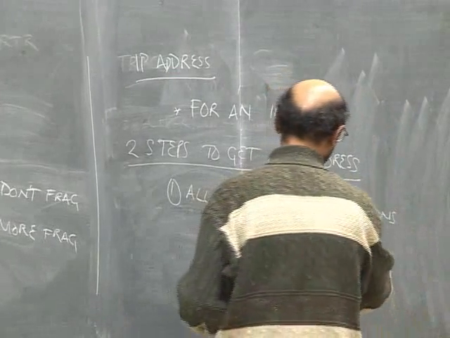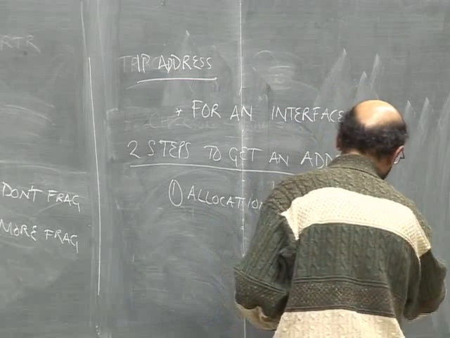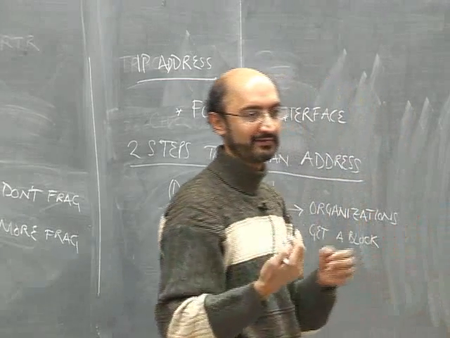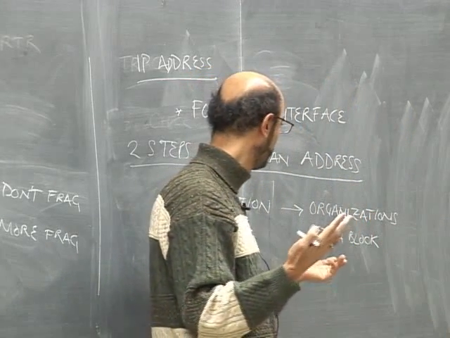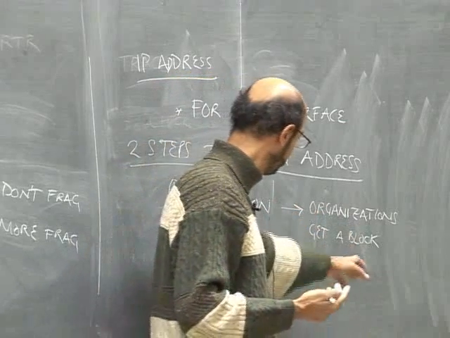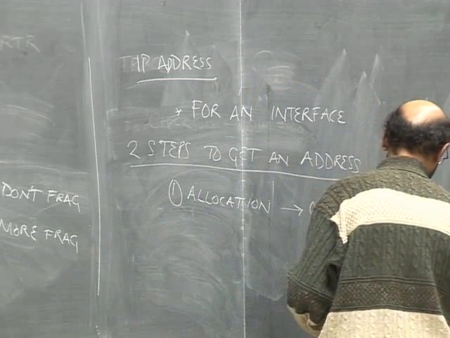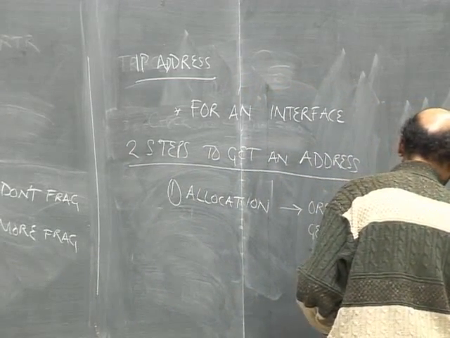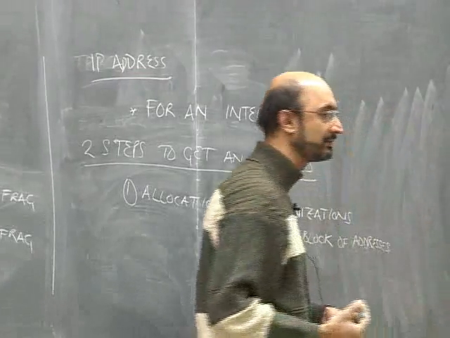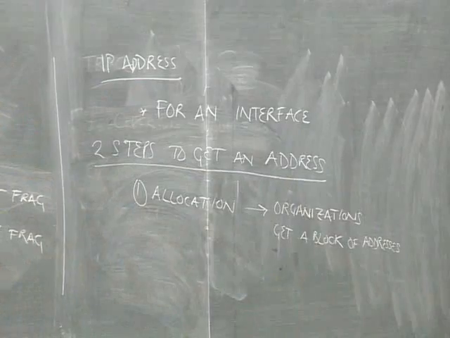The organizations will get an address block. We know what a block means. It's like a /20 or a /25, or a /16. They get a block of addresses.